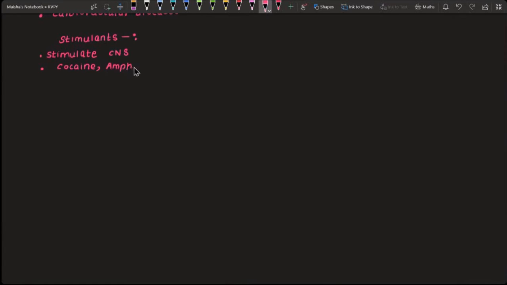Examples of these drugs include cocaine, vitamins, caffeine. When caffeine is taken in very large amounts, it causes, let's say, cardiovascular diseases as well.